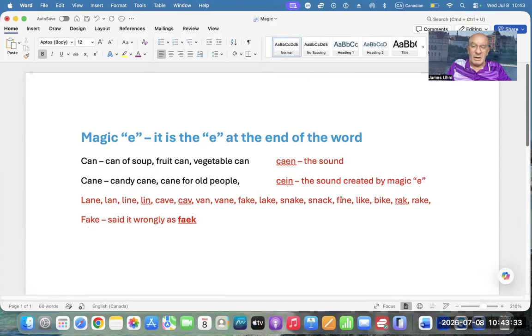With I, it's fine, it's like, it's bike, and nothing else. Please be very careful with magic E. It is important. When there is E, there is A sound.